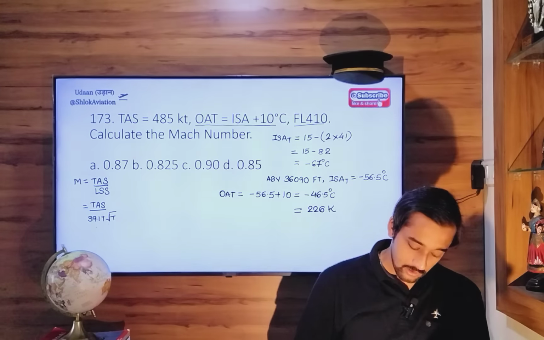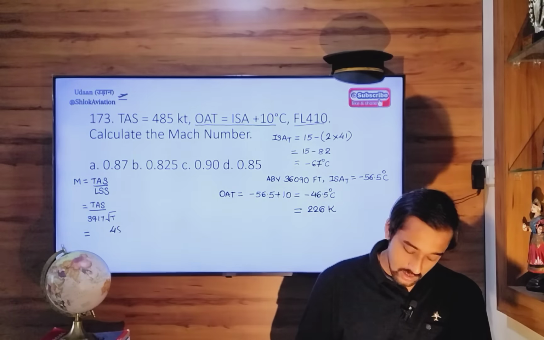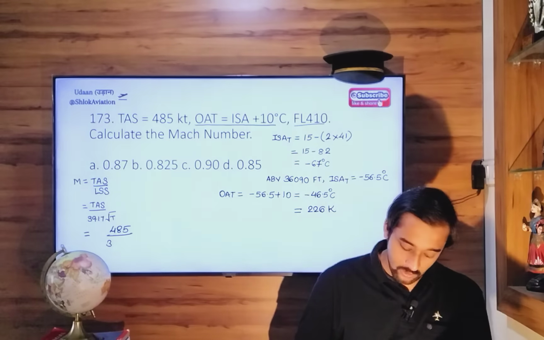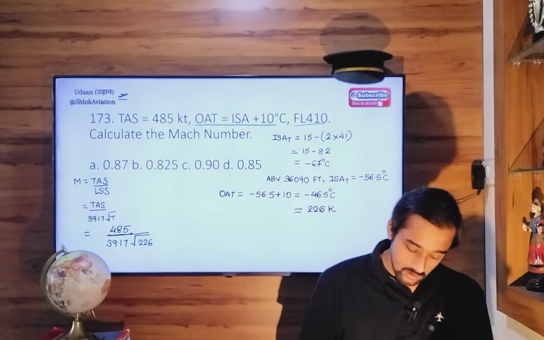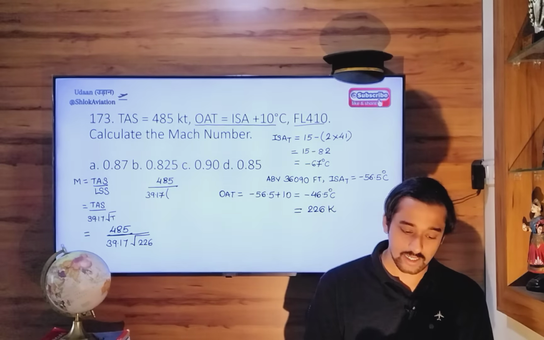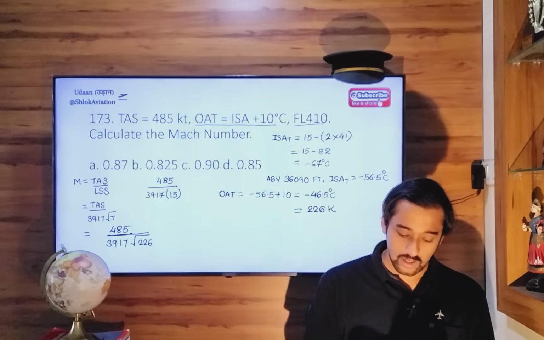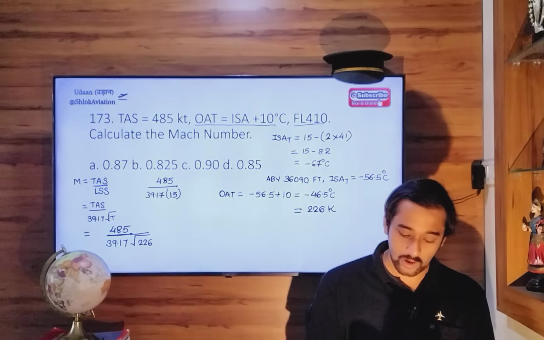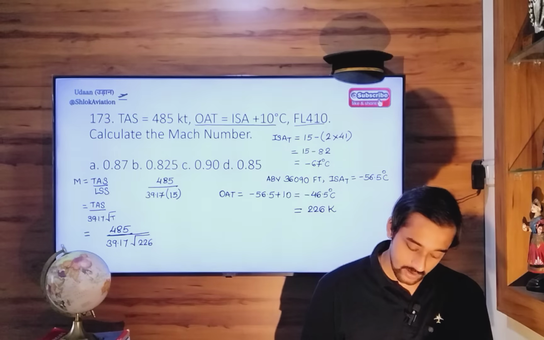So substitute here. Now true airspeed is 485, divided by 39.17 into square root of 226. Root of 226 is 15. So 39.17 into 15 is 587.5.